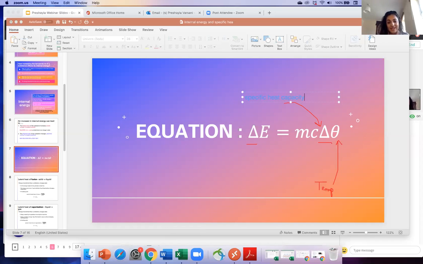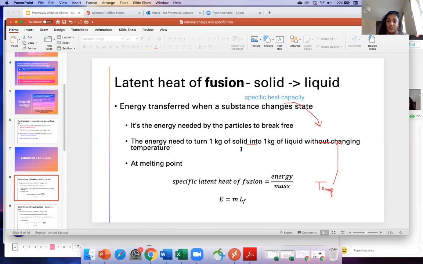Specific heat capacity is defined as the energy needed to raise 1 kilogram of a substance by 1 degree. So how much energy is needed to raise the temperature of that material? Specific latent heat, however, is defined as the energy needed for the material to change state without changing the temperature.